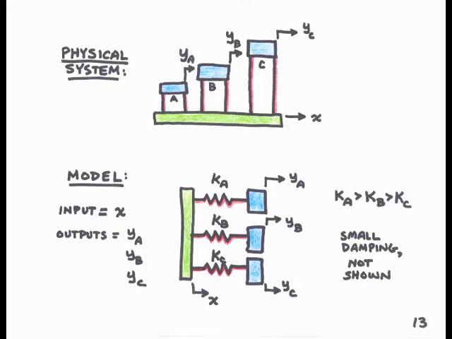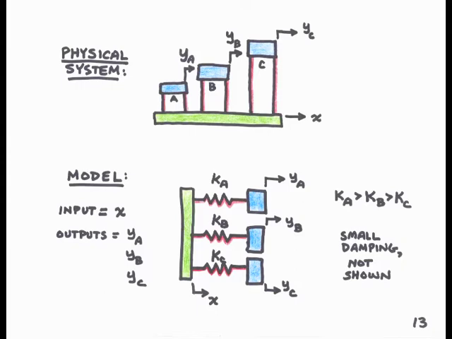The m is the same in each case, but the k values will be different for systems A, B, and C. System A, with the short flexures, will be the stiffest, and therefore its natural frequency will be the highest. System C, with the long flexures, will have the lowest value of stiffness, and so it will also have the lowest natural frequency, since the natural frequency is square root of k over m.